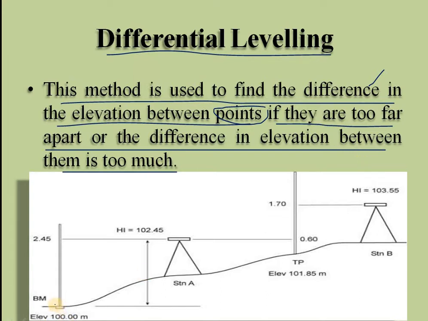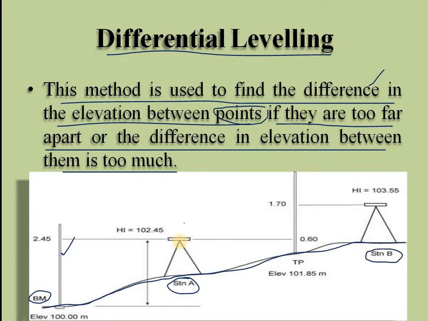So you can see in the diagram, this line which is produced is our ground level, and here our benchmark is there, it is the staff. This is our instrument number 1, station A, and this is station B. Two instruments were fixed on the ground.